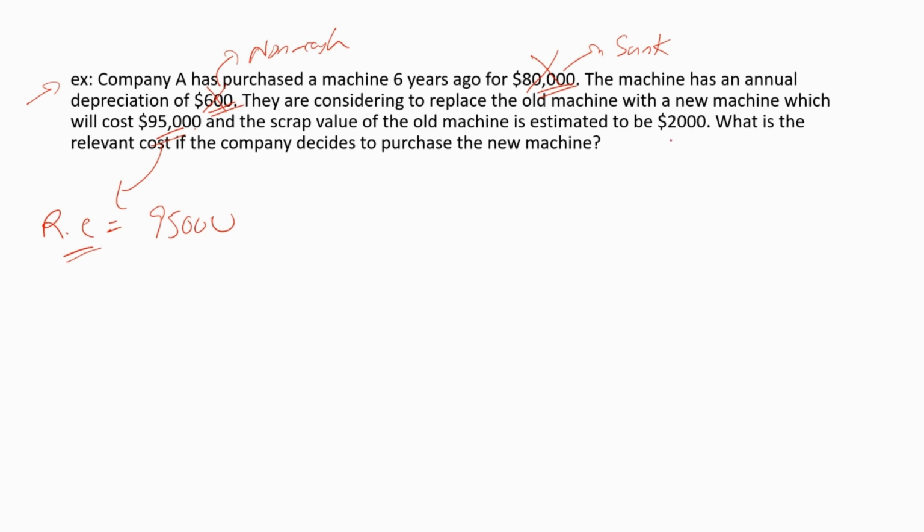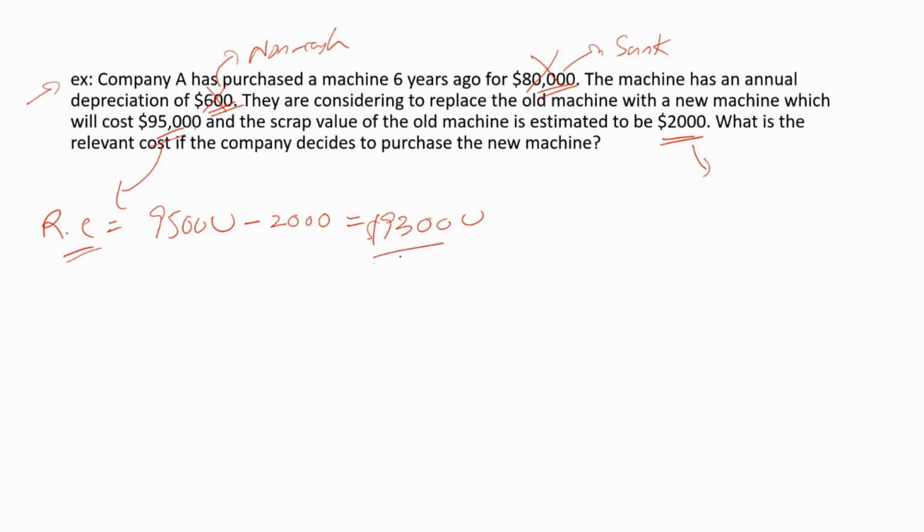Then they have given the scrap value of the old machine, which means the old machine can be sold for $2,000. This is a relevant cash flow. This is a cash inflow. So we will consider this cash flow under relevant costing. Since this is a cash inflow, we use a minus value. So the relevant cost of this decision is 93,000.